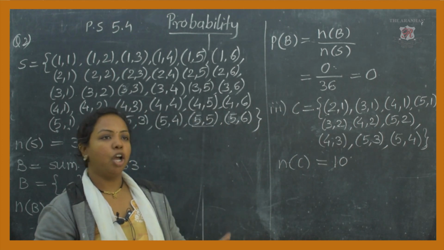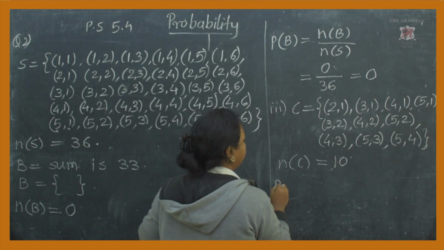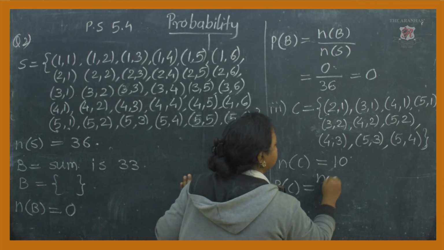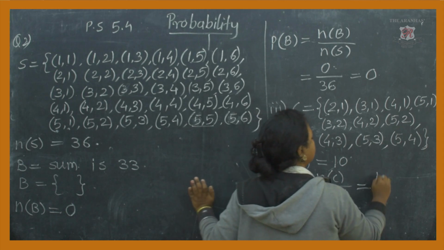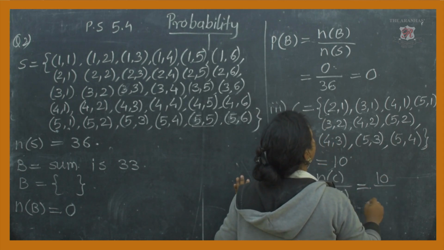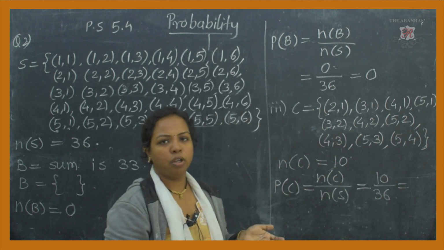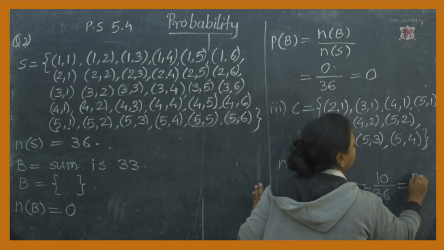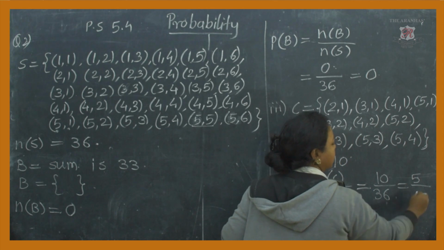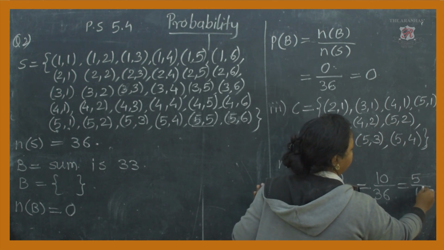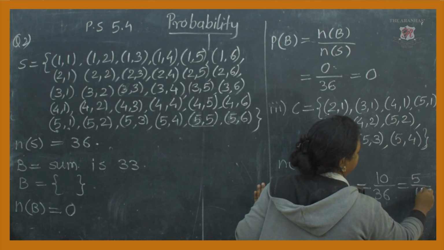Now, calculate the probability. Probability of event C is n(C) upon n(S), which is 10 upon 36. Now, you can divide it by 2. 2 5s are 10, 2 1s are 2, 2 8s are 16.